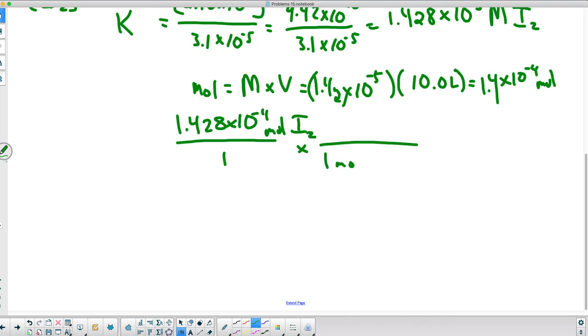So 1 mole, and now we have twice the amount for I, which means that instead of 126.9, the atomic mass of iodine, I'm going to double that, and that's going to be 253.8 grams.